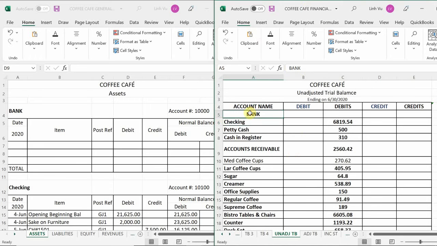I know that my main accounts are going to be in blue. I don't know if you can tell the difference here, but that's blue.